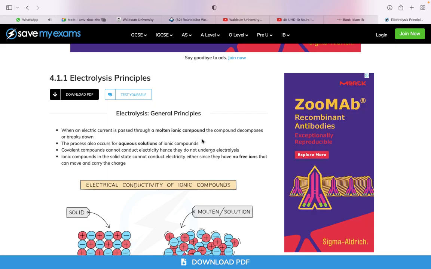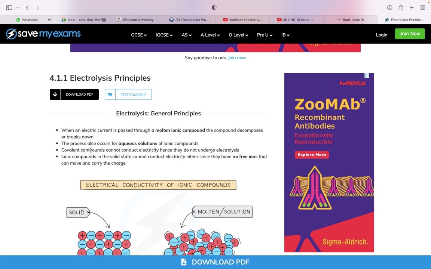So the compound will decompose into ions, right? So whenever you pass electric current through a multi-ionic compound and it is able to decompose or break them down into ions, then we say electrolysis has taken place. Are you with me?